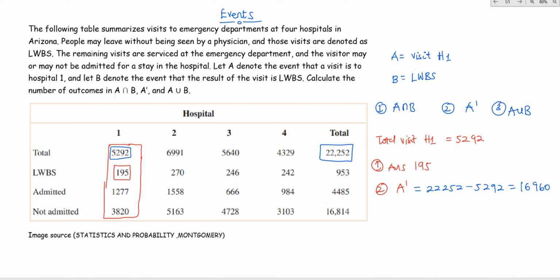So those are the number of people that went to the other hospitals but didn't go to hospital one. Another way to get this value is to sum up the total number of people that went to the other hospitals without adding the people that went to hospital one.